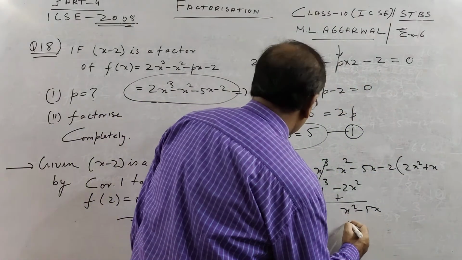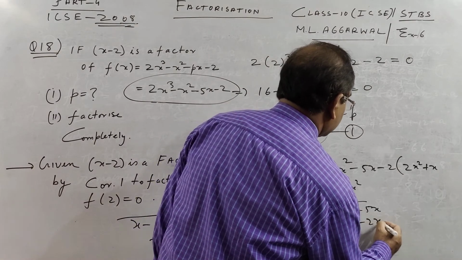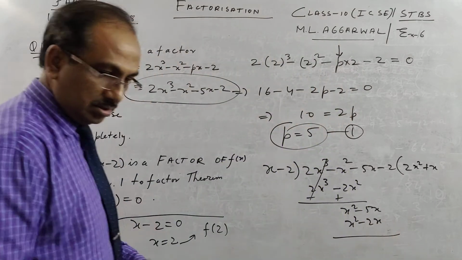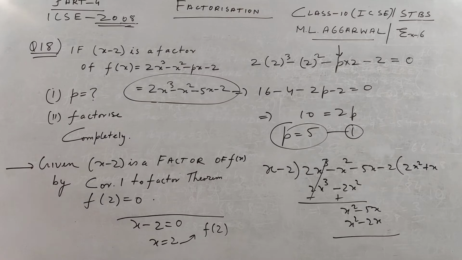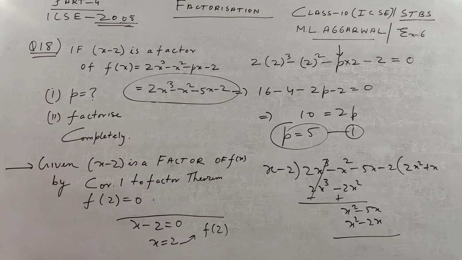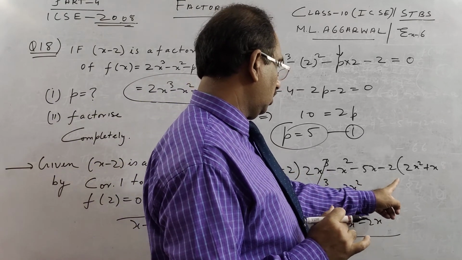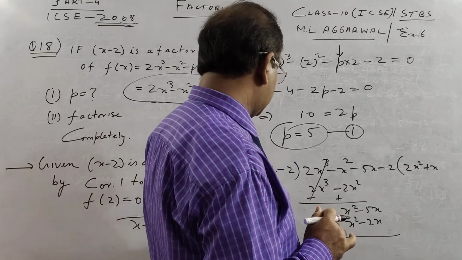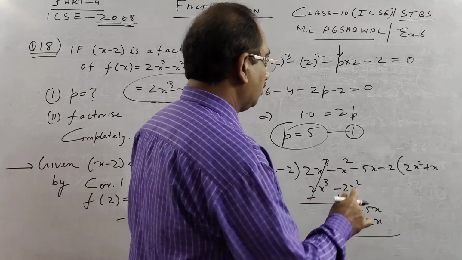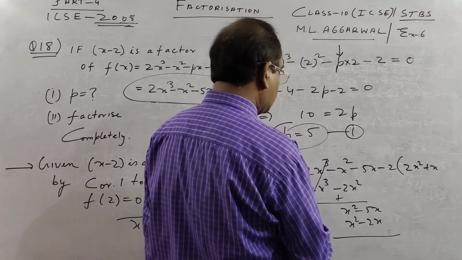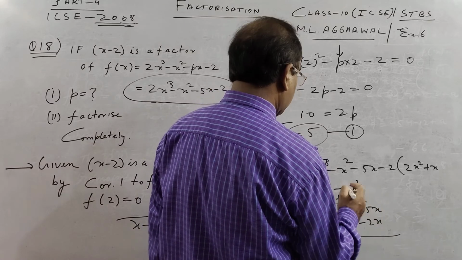Okay, so we get x square minus 2x. So children, if you see nicely, 2x square into x is 2x cube, but 2x square times minus 2 is minus 4x square.